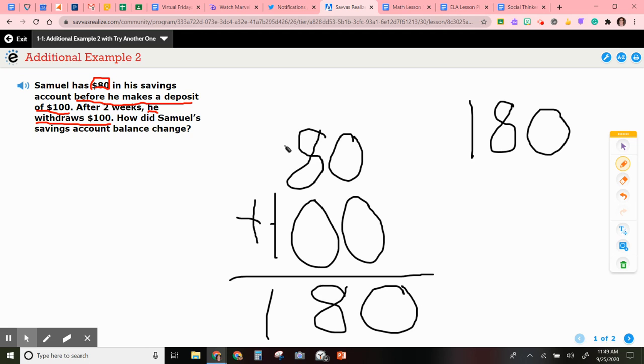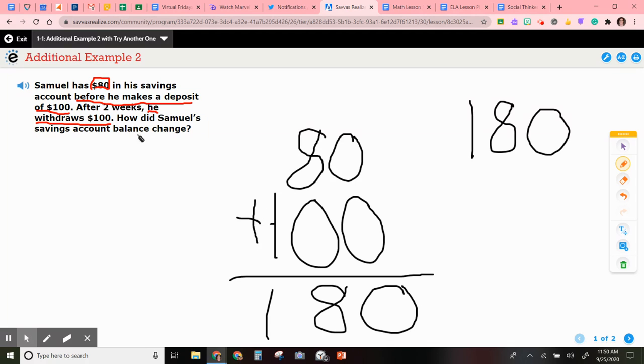All right. After 2 weeks, he withdraws $100. What does it mean if we withdraw $100? Is that putting money in or taking money out? When we deposited, we put money in, we added.